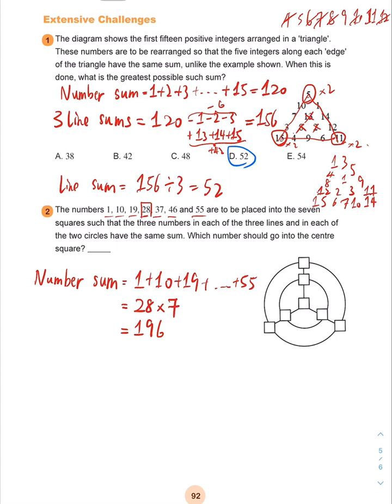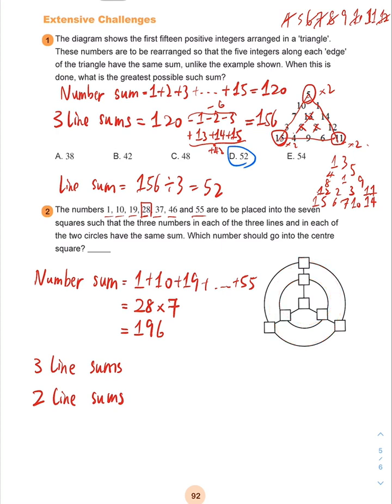Now, for these 3 lines, we have 3 line sums, right? And for the 2 circles, I have 2 line sums. So basically, you have 2 different ways to look at these line sums.